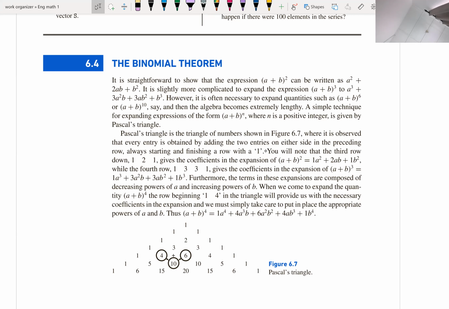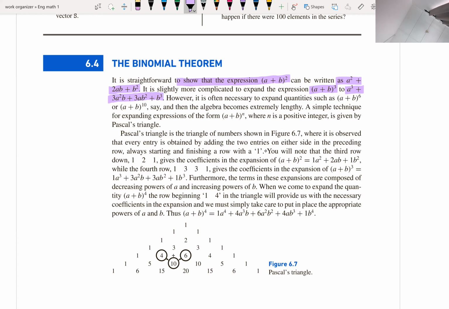You can see here, if you want to show the expression of (a plus b) to the power of 2, it can be written as a squared plus 2ab plus b squared, right? So it's easy. Same goes to (a plus b) to the power of 3, which we can write as a to the power of 3 plus 3a squared b plus 3ab squared plus b to the power of 3.